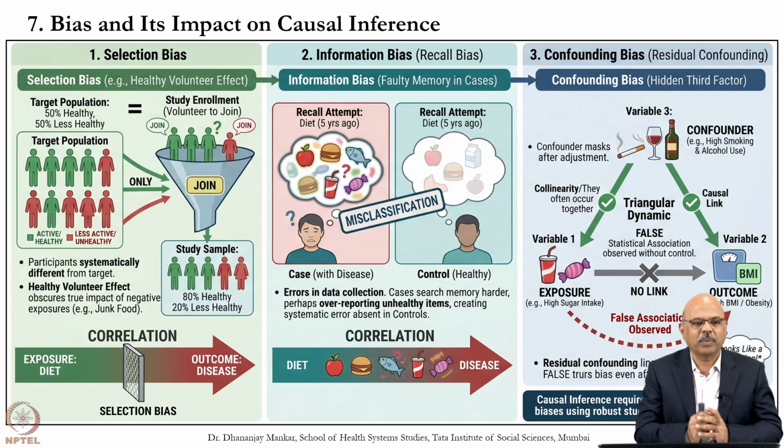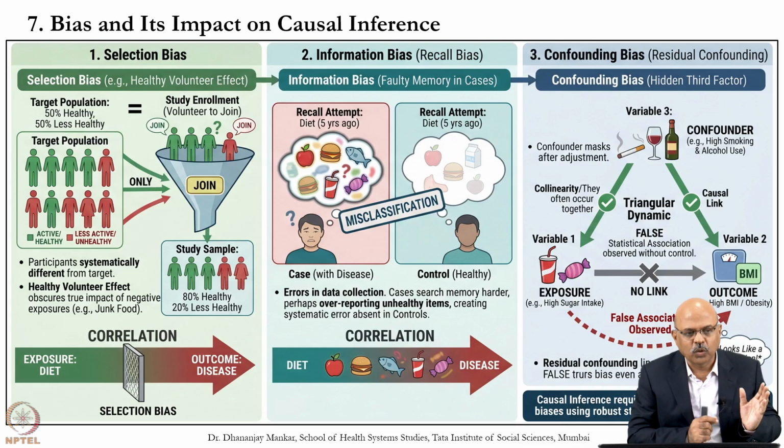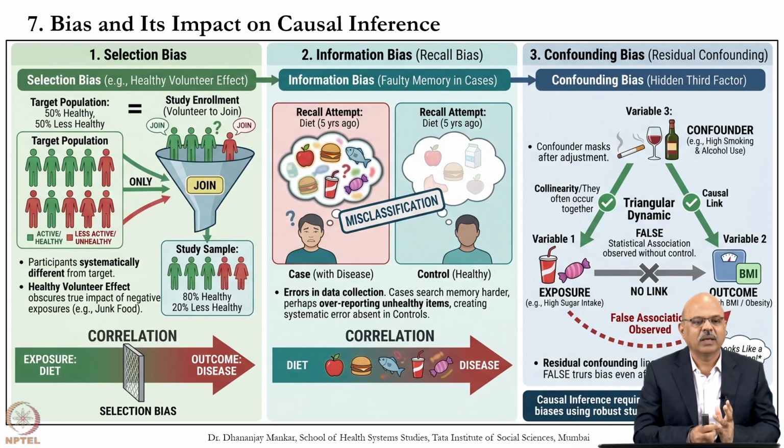In the target population, some individuals are very healthy and active, and others less so. The participants systematically differ from the target, and in the healthy volunteer effect we see the others, who have negative exposure to junk food and fast food, underrepresented. So 80% of the study sample are healthy and 20% less healthy.